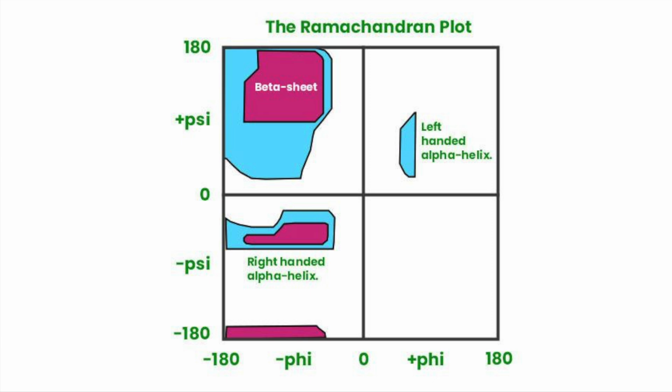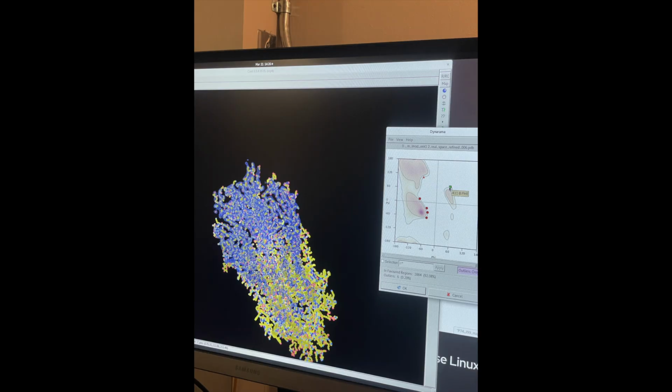In the case of this nicotinic acetylcholine receptor, whose structure has already been solved, we know which amino acids should be in which secondary structures. So when we input this into the program Coot, the blue is signifying the EM density map, and all the yellow is basically all the amino acids in the structure, and we're trying to fit them into the map as best we can.